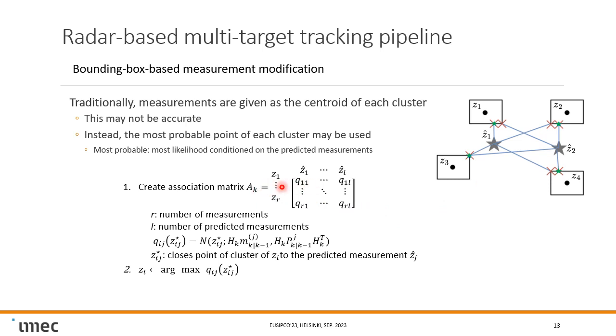The rows of this matrix are the likelihood of the measurements given the predicted measurements. Here, for example, we have 4 measurements, 4 observation data, and 2 predicted measurements. So there will be at most 2 candidates per cluster, and among these 2 candidates, the one which gives the highest likelihood is chosen as the representative of the cluster.